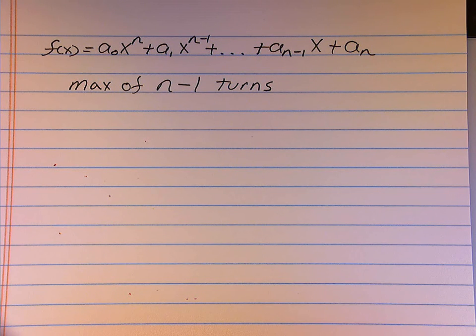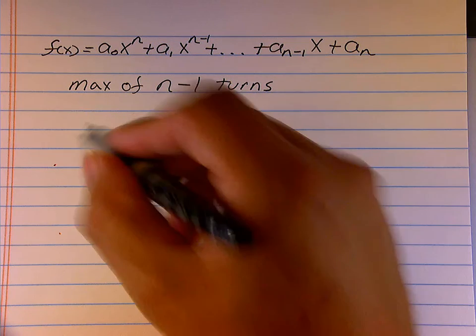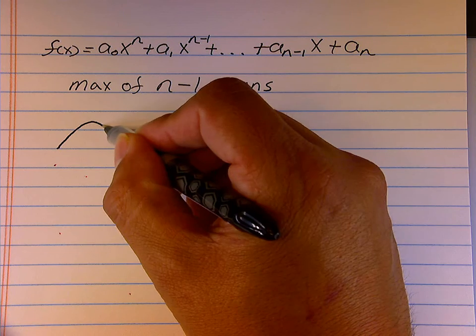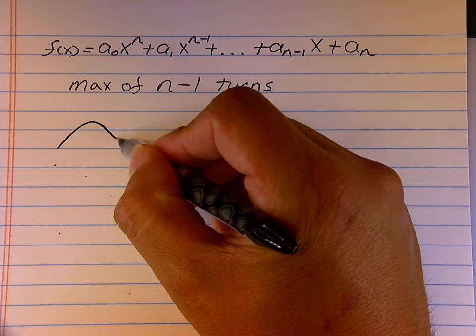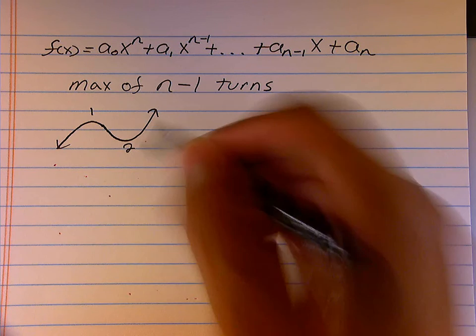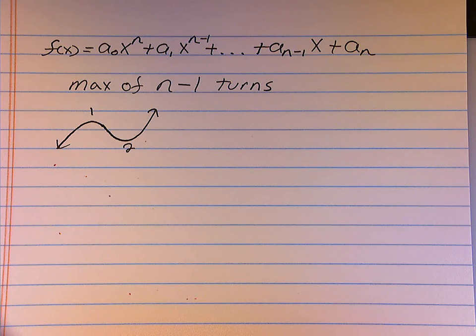I'm going to explain what a turn is. A turn is any time in a graph that you're going from increasing to decreasing, or from decreasing to increasing. So this graph has 2 turns.